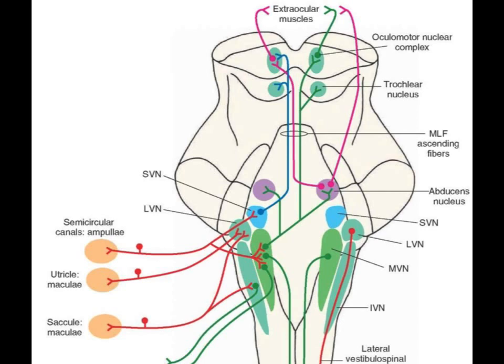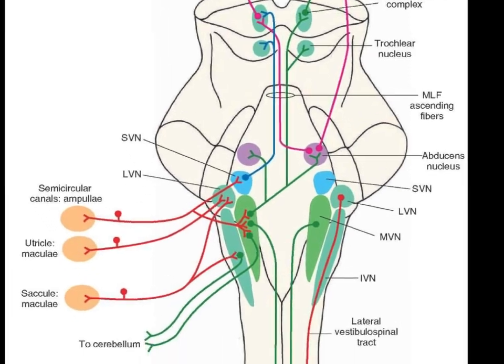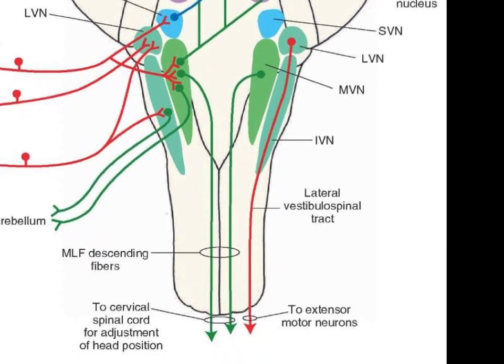So as long as there is abnormal input coming from typically the semicircular canals, and it is coming to the nuclei, or the main computing centers for the eye muscles, on testing you're going to see abnormal movements. In a central cause, you're not going to see that because you're not going to be getting any information from the vestibular apparatus. Also realize these dive down into the cervical spine.